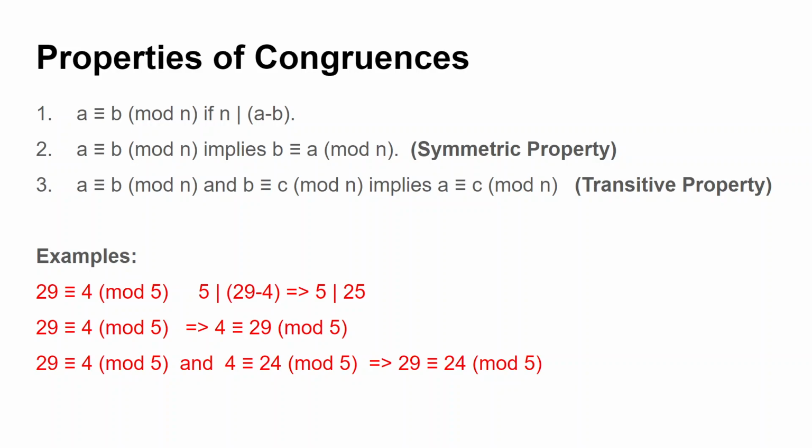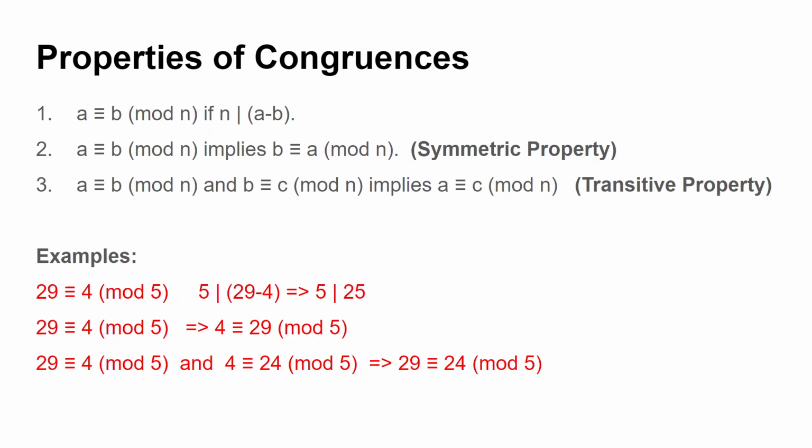a is congruent to b modulo n and b is congruent to c modulo n implies that a is congruent to c modulo n. For example, 29 is congruent to 4 mod 5, and it means that 5 divides 29 minus 4, that is, 5 divides 25.